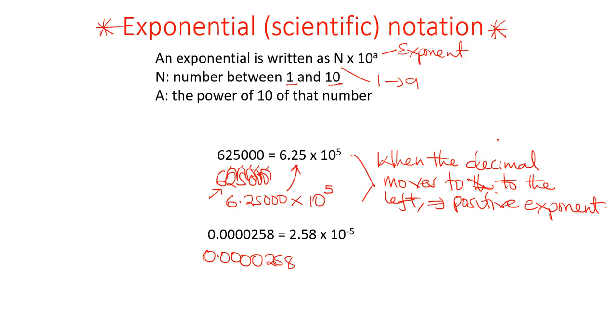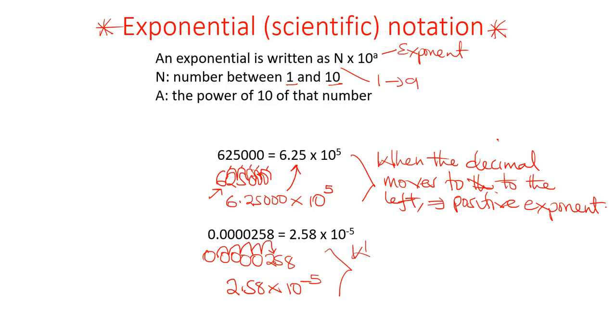And then I'll say, how many times have I moved the decimal point? So 1, 2, 3, 4, 5. So I have moved the decimal point 5 times, but I have moved it to the right. So in the end, what I'm going to have is 2.58 times 10 to the power negative 5.